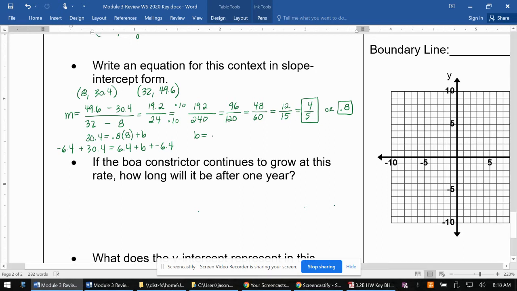And we have b is 24. All right, so our equation in slope-intercept form is y equals 4/5 x plus 24.